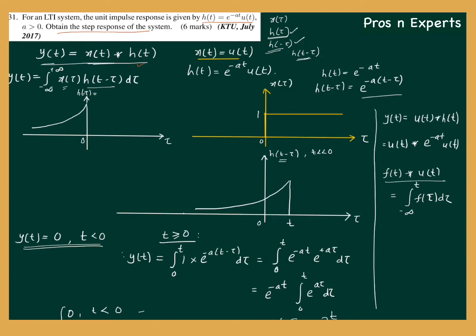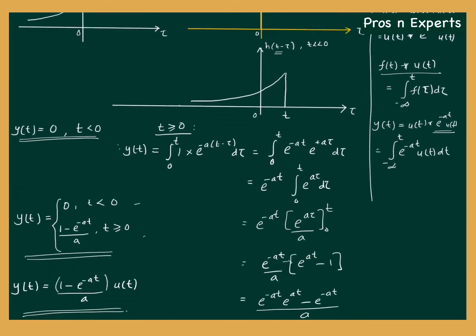Applying this result here, y of t is equal to u of t convolved with e raised to minus at u of t, which ends up as the integral from minus infinity to t of the other function, e raised to minus at u of t dt. This is a multiplication of e raised to minus at with u of t, which truncates the signal from 0 to t only.